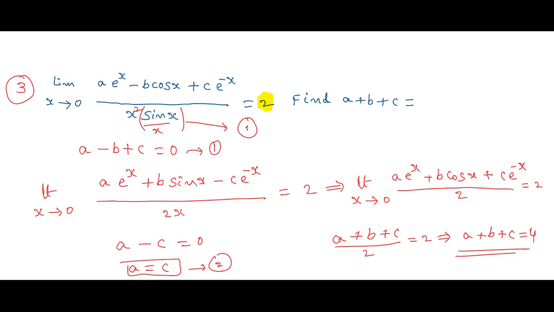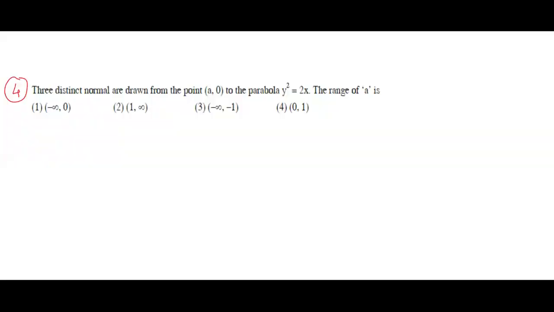Okay, right. I'm going to another question. 3 distinct normals are drawn from the point a comma 0 to the parabola y square is equal to 2x. The range of a is? So take y square is equal to 4ax. This is the parabola and this is the axis.